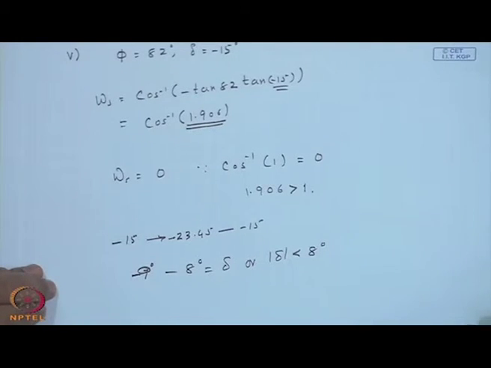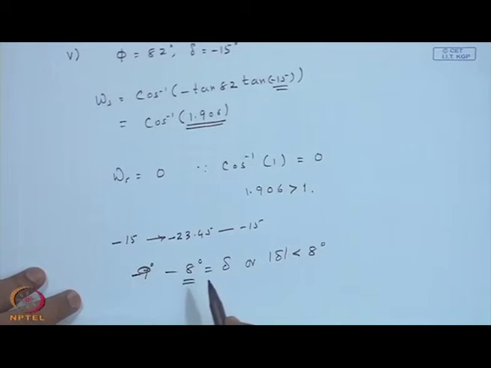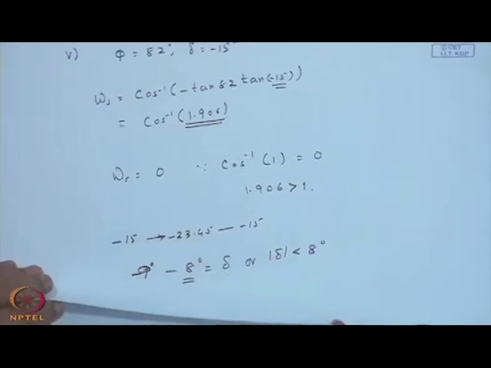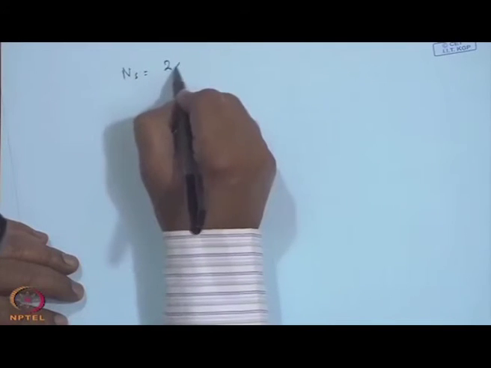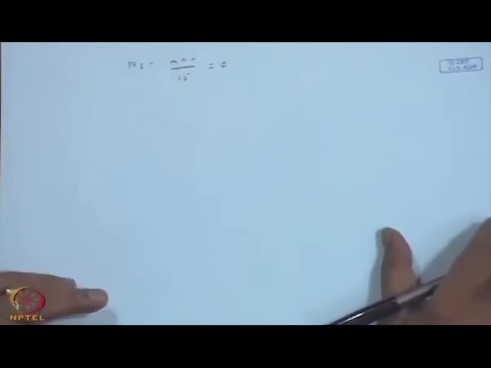Otherwise, for all values of declination greater in magnitude than 8 degrees, minus 8, minus 9, minus 23 and back to minus 8, it will have 0 sunshine hours. Okay. So N s is twice 0 by 15, which also is 0.